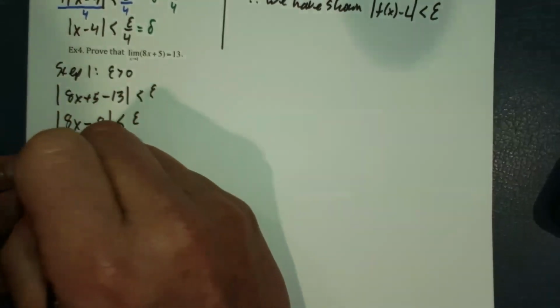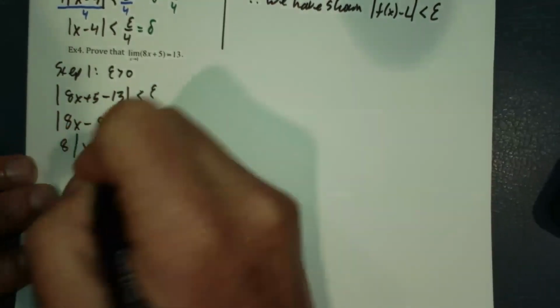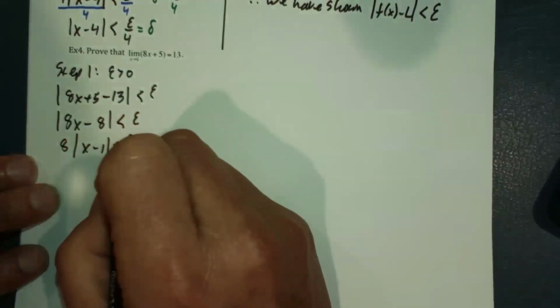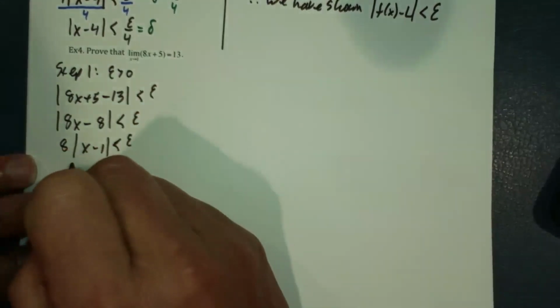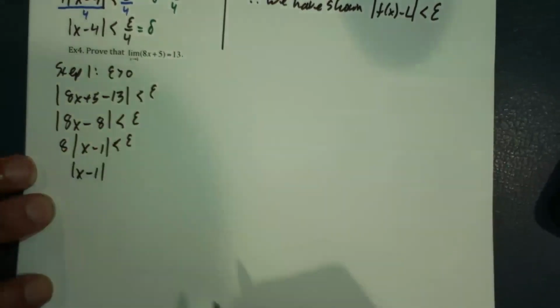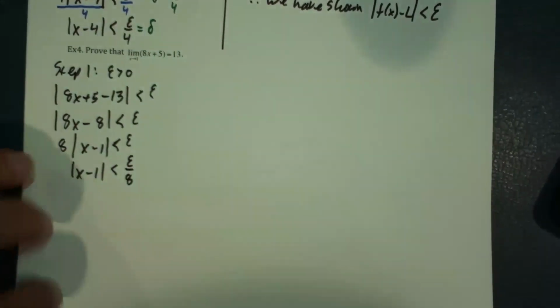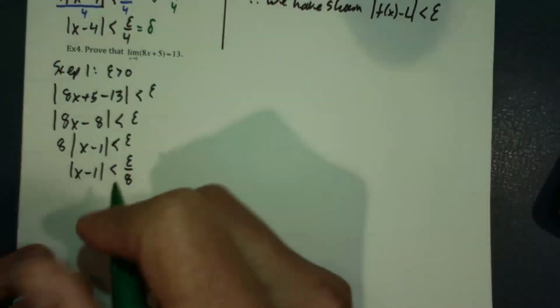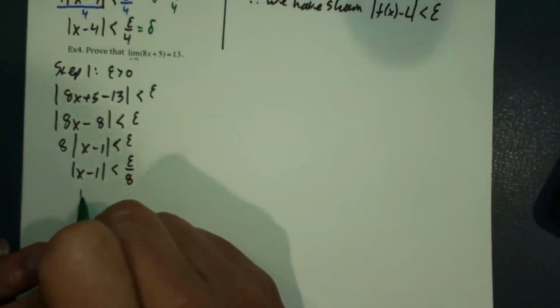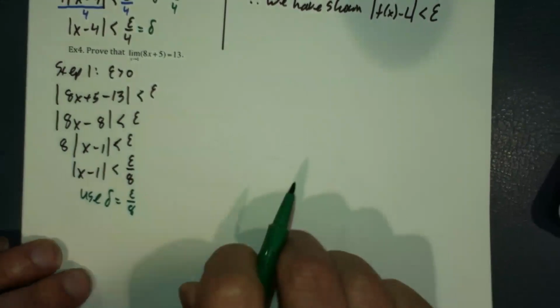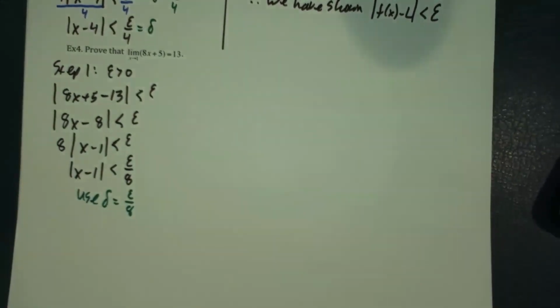I'm going to factor an 8 out of that. And you notice x minus 1, there's our x minus 1 there. And here is our delta. Use delta equals epsilon over 8. And notice delta is dependent on epsilon, as it should be.